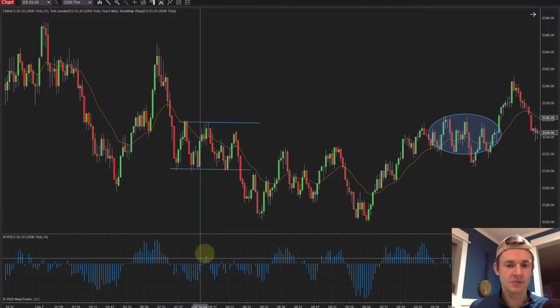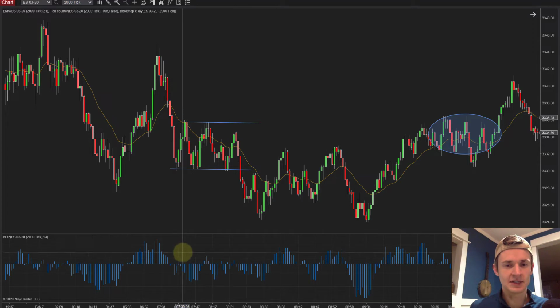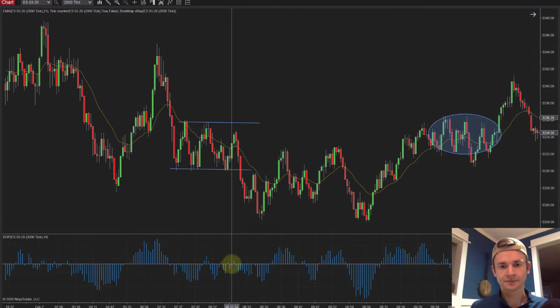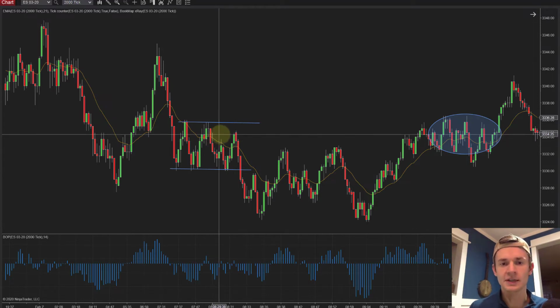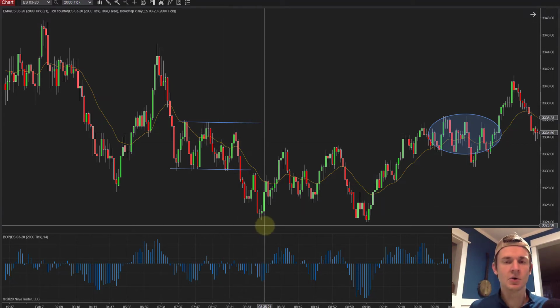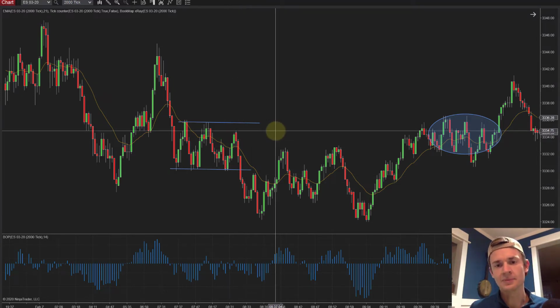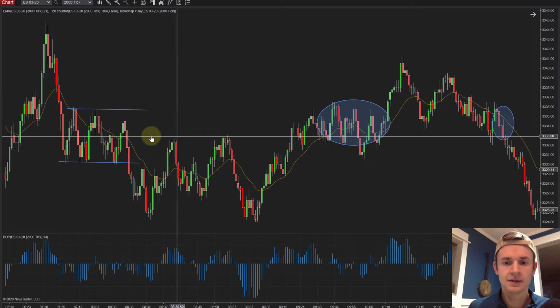You get a very weak buy briefly in there, and then it's pretty much staying negative throughout this whole range. And so that could give you an opportunity to go short out of that range, or at the very least avoid going long, getting trapped, and being on the wrong side of it.